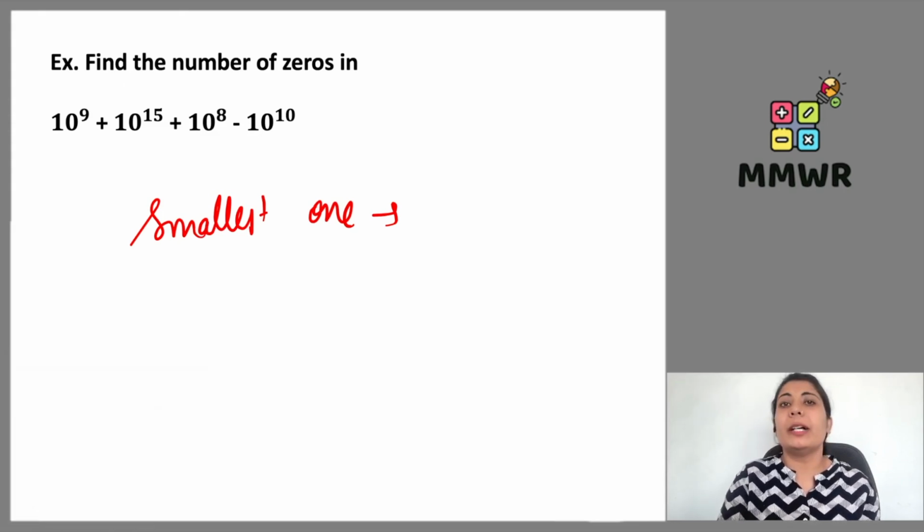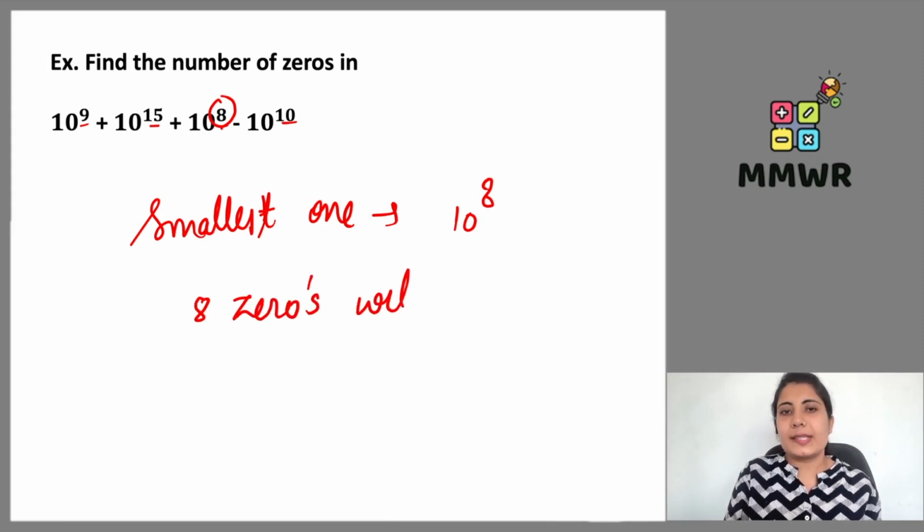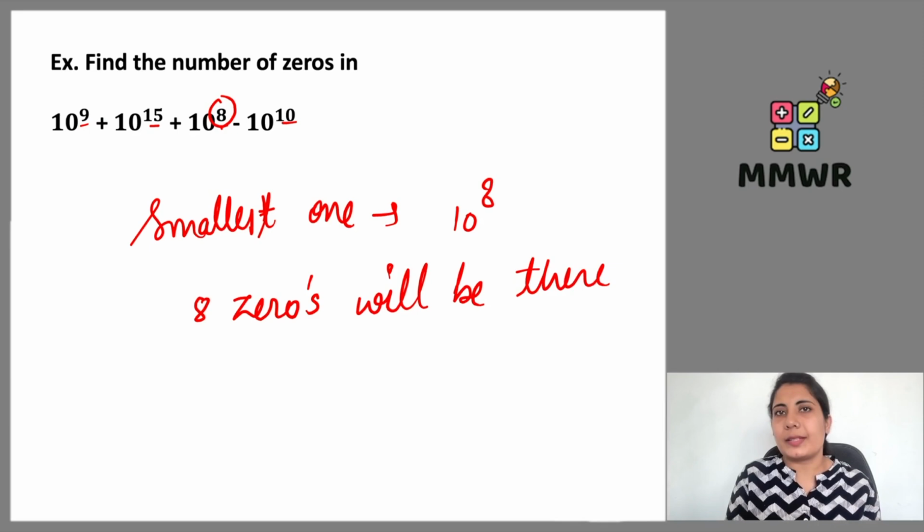Among the powers 9, 15, 8 and 10, 8 is the smallest one. So the smallest one is 10 to the power 8. That is why 8 zeros will be there at the end. Okay, so this way we can simplify it.